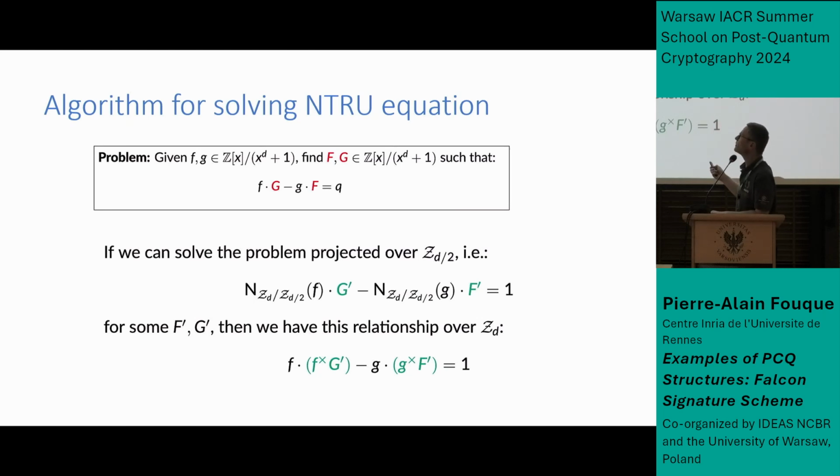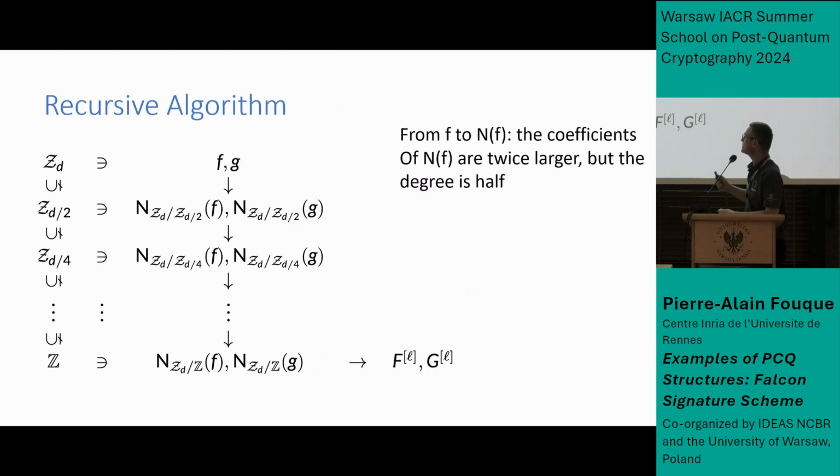However, you can multiply by q, it does not change anything. So if we can solve the problem in some subring, you can go from this subring to the ring just above. This is the main tool.